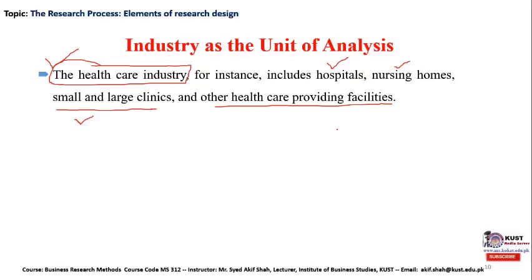So the researcher has to collect data based on the number or proportion of the workforce employed by the healthcare industry, and will have to collect data from hospitals, nursing homes, small and large clinics, as well as medicine and pharmaceutical companies, along with surgical equipment manufacturing companies.